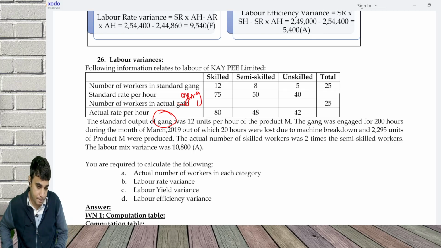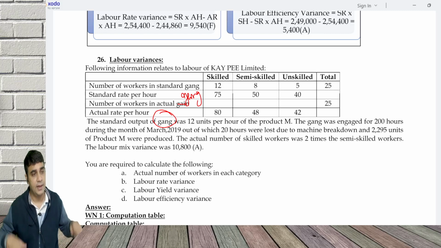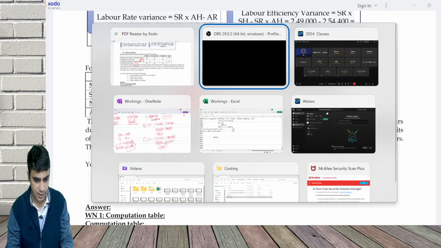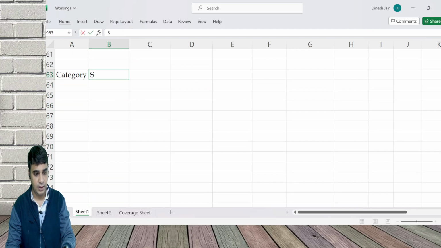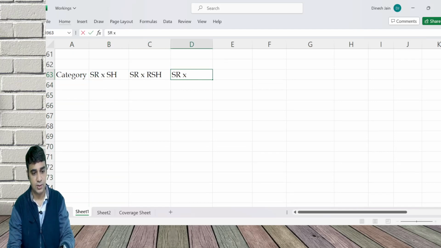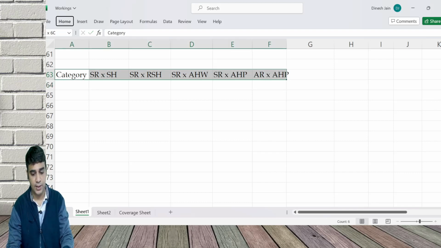First thing, single labor, multiple labor. Guys, participate, guys. With idle time, without idle time. With idle time, let's put the table first. Category, SR into SH, RSH, AHW, AHP, and AR into AHP.